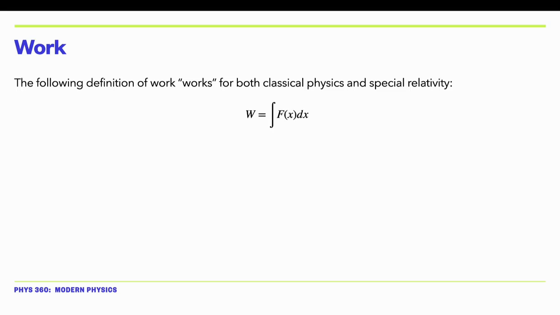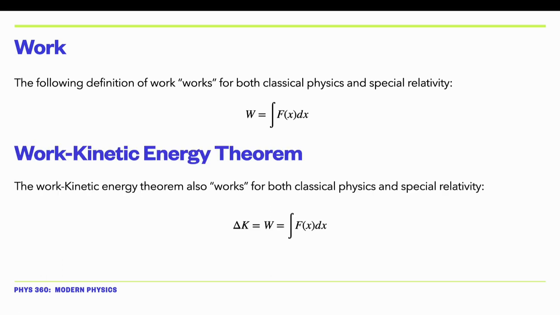Okay, work. This definition of work also applies to both classical physics and special relativity. So work is the integral of force through a distance. That works. The work kinetic energy theorem also transfers over to relativity, so that's good. So the change in the kinetic energy is going to be the work done by the net force acting on the object.